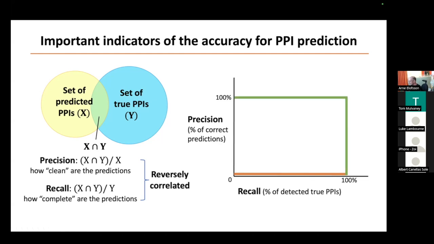And let's say if you have an ideal way of predicting, then you will get all your true positives and you will rank them higher than any of the negatives. Then you will get a precision versus recall curve like this. And realistically, you usually get a curve in the middle. And the area under this curve indicates how powerful your screening method is.